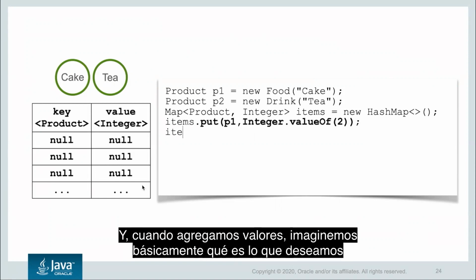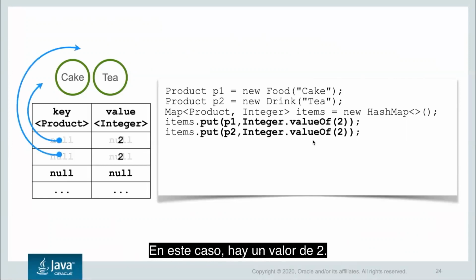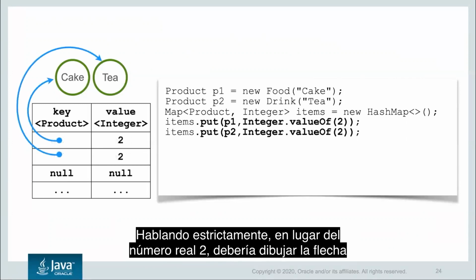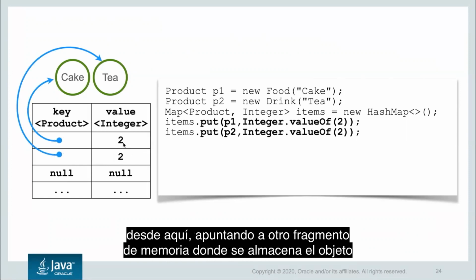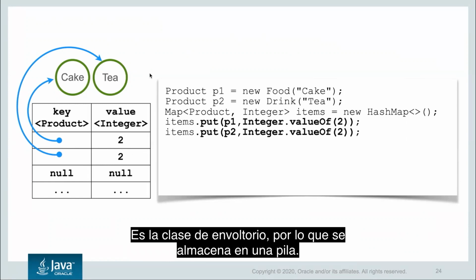When we add values, we basically just say what it is that we want to add: product P1, P2, and the integer, in this case a value of 2. Strictly speaking, I should draw an arrow from here pointing to another chunk of memory, because Integer is a wrapper class, so it's not in the heap yet.